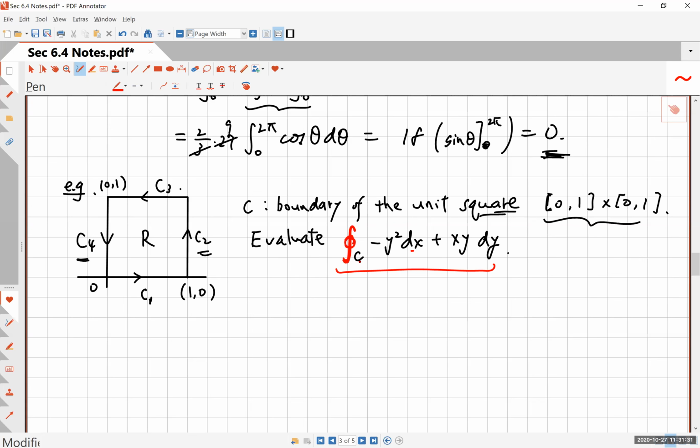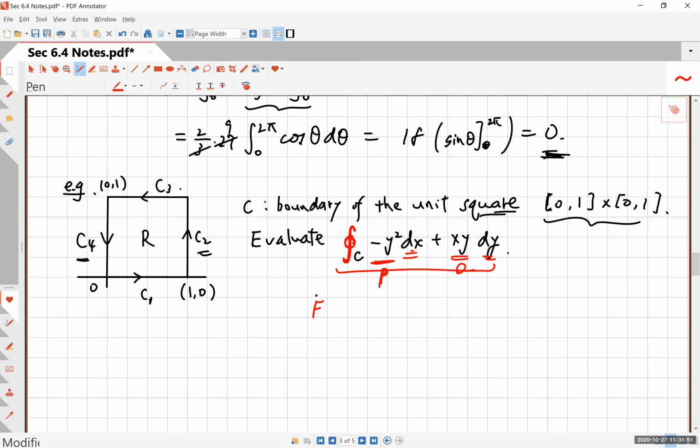So okay, that's the question. Now what are we supposed to do? Well, do you see the vector field that is implicit in this problem? You have something dx, something dy, right? So the implication is this is your first part and this is your second part.